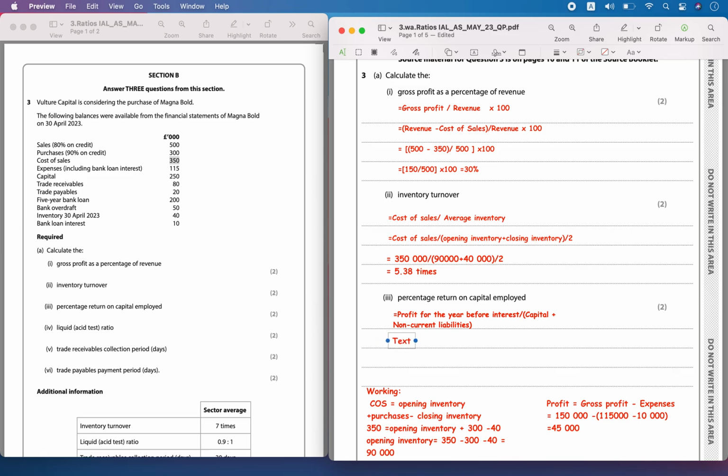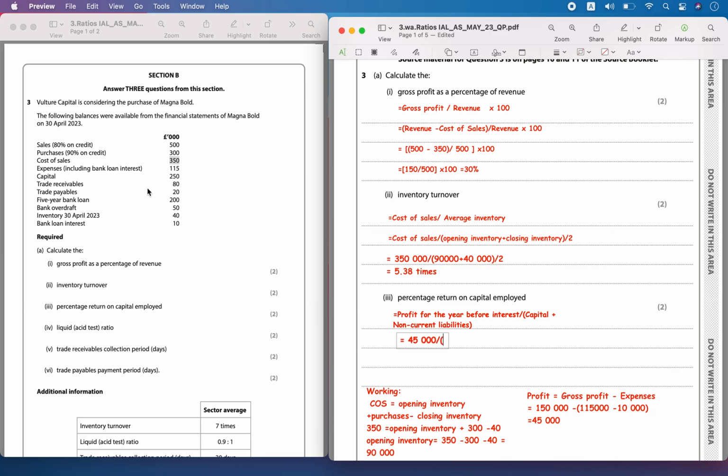So the return is equal to 45,000 divided by capital and non-current liabilities.